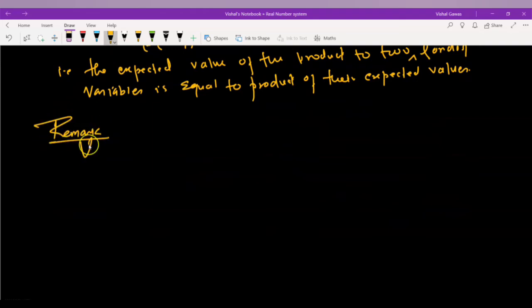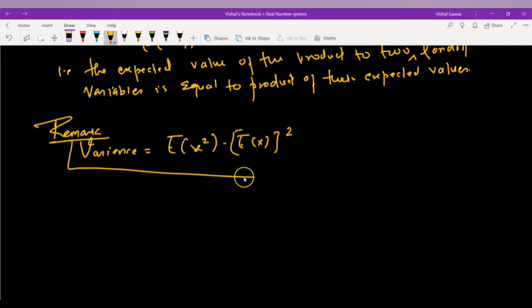Variance is calculated with respect to the probability distribution. It's E of x squared minus the square of E of x. So this is how you calculate the variance of a probability distribution. Then there are other results on variance. We would not bother doing that.